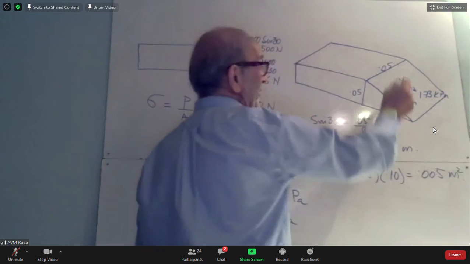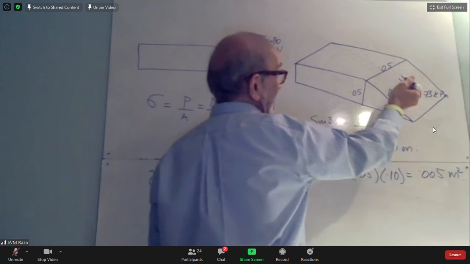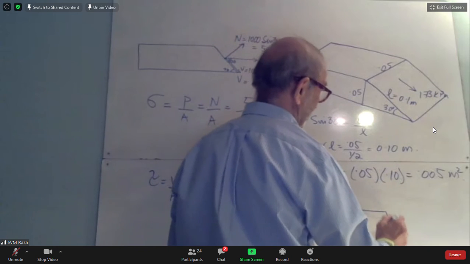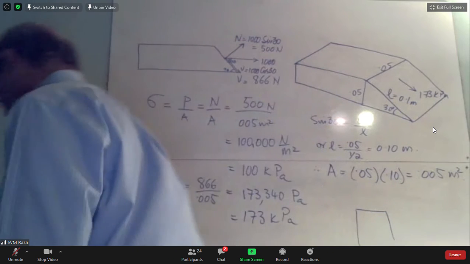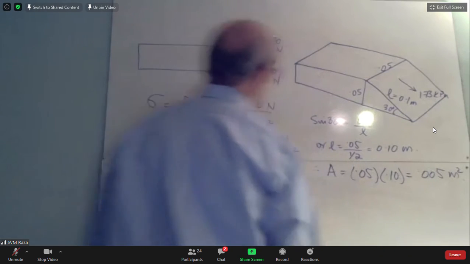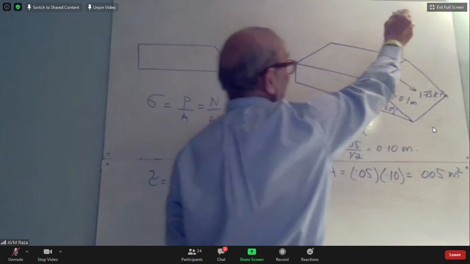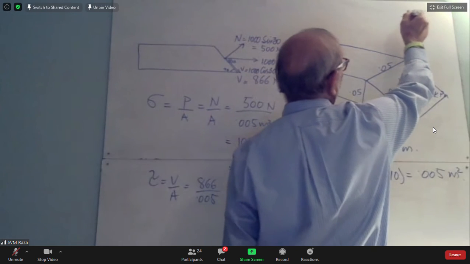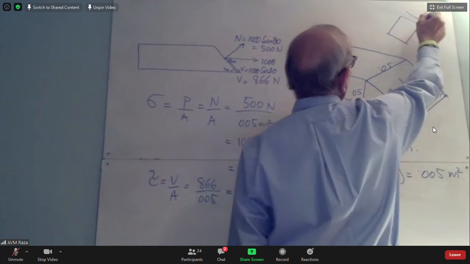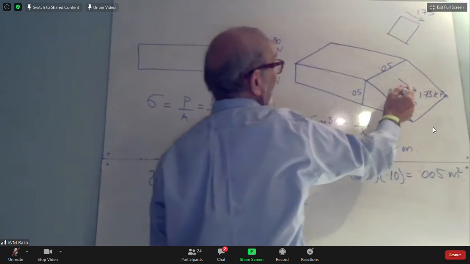So if I were to take an element from here and draw it there, it'll be easier for you to visualize if I draw it at the same angle. This is 173 shown there on the top surface.